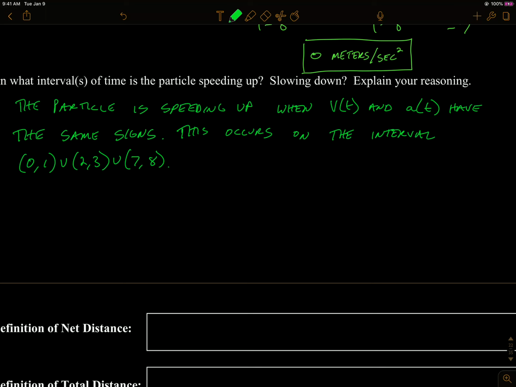This is slowing down, so we'll say the particle is slowing down when v of t and a of t are opposite signs.